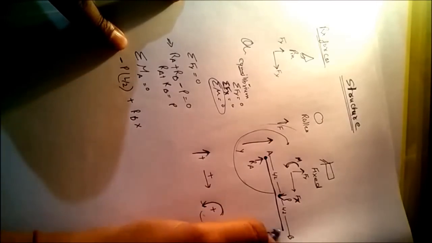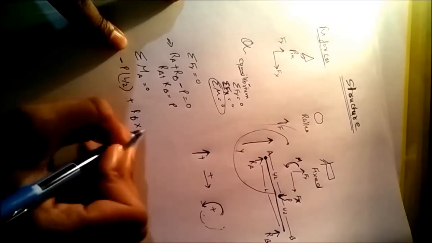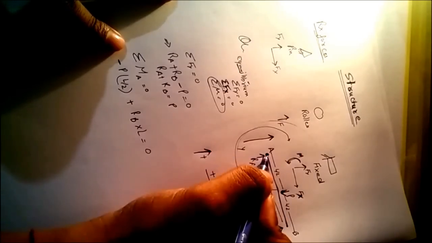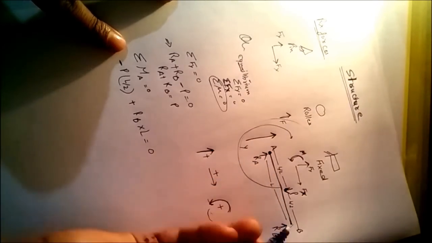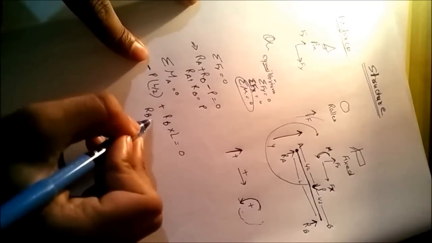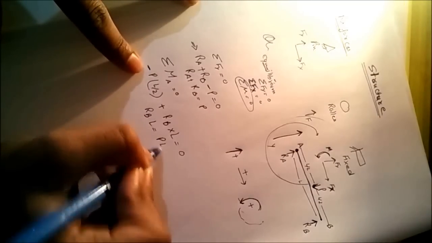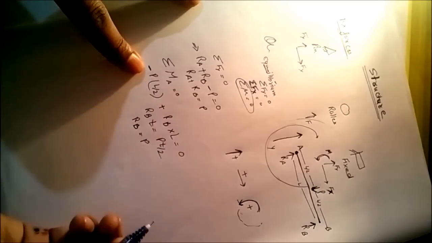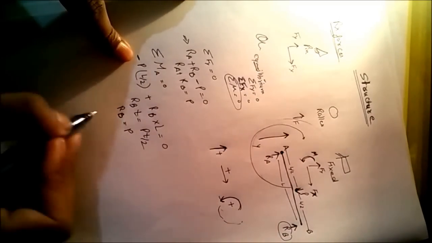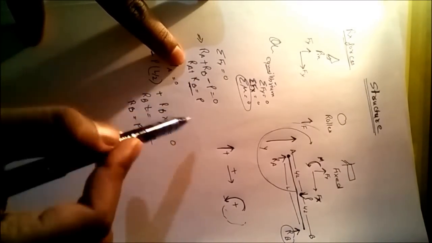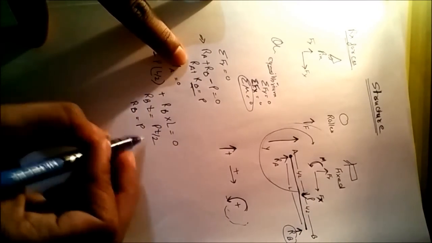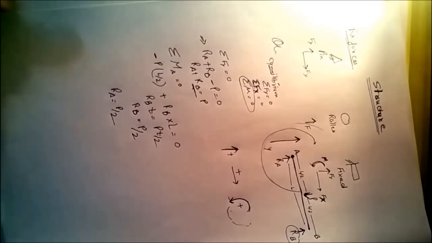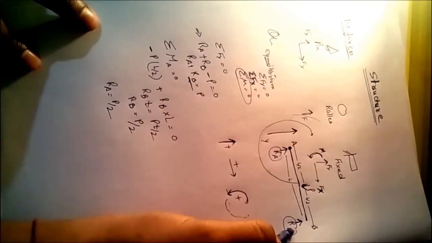Rb into respective length L equal to 0. Ra into 0, because the distance of Ra from this point is 0. Now Rb L is equal to P L by 2, so we can cancel L and Rb is equal to P by 2. So Rb we get P by 2, and from that equation we know that Ra plus Rb is equal to P, so we come to Ra equal to P by 2. We will get both reactions.